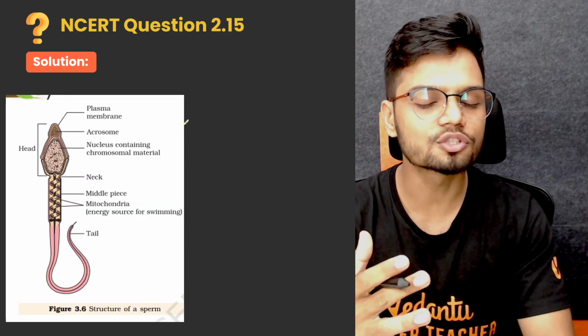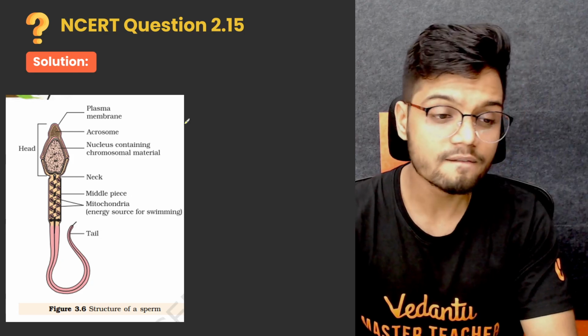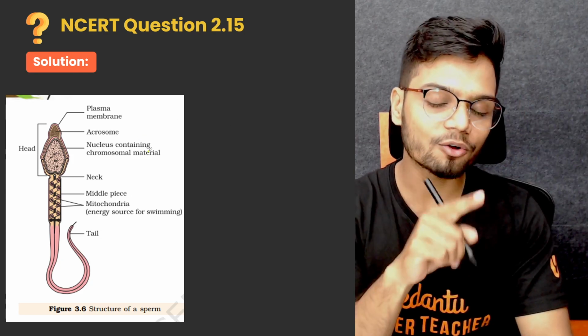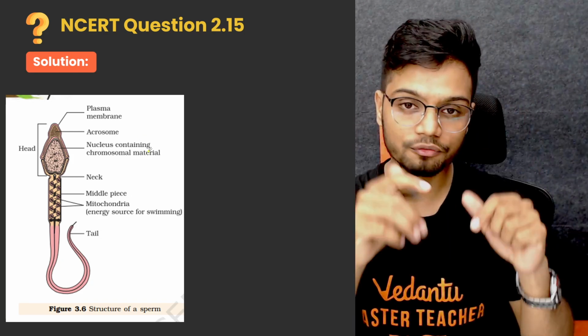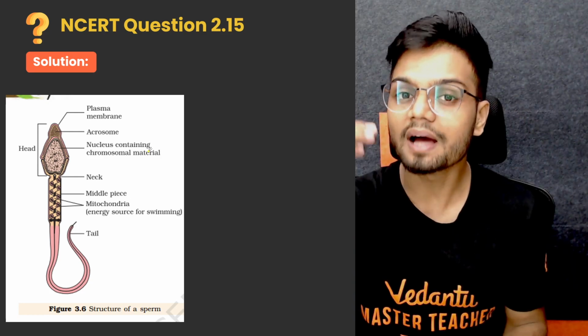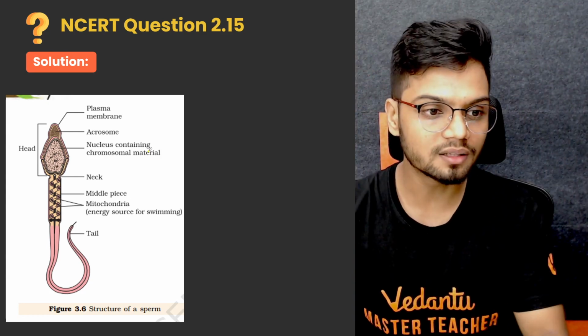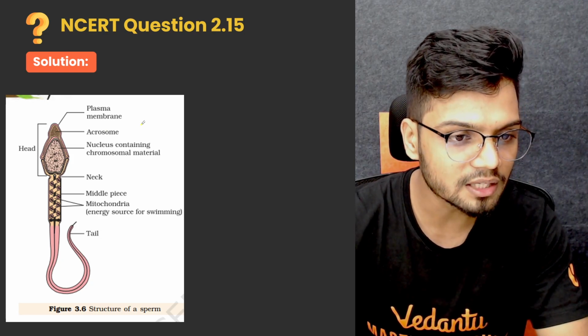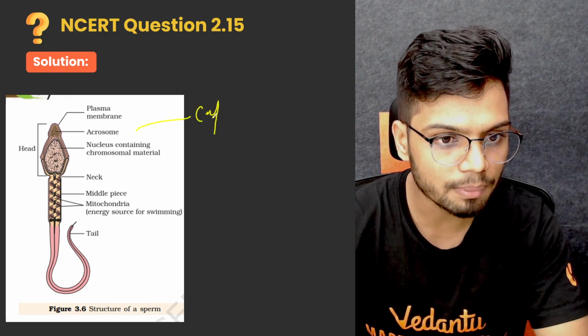Now let's look at the acrosome. To understand the function of acrosome, look at its structure. Acrosome is present on the head of the sperm, in the anterior portion of the head, as a cap-like structure.